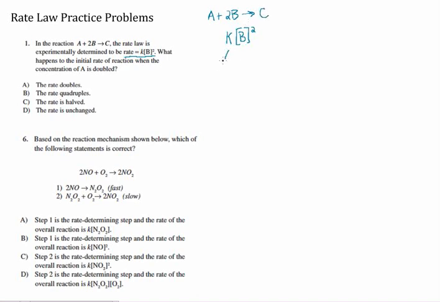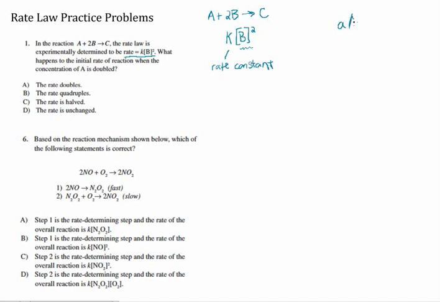Now we know that K is what we call the rate constant. And because it's constant, it's not necessarily relevant to this discussion. But this bit here about the B is sort of interesting to me, because normally we think of the rate law, we think of the rate constant as being essentially as follows.